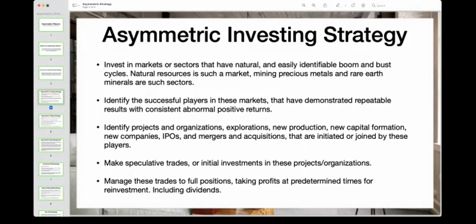We do it in sectors that have natural and easily identifiable boom and bust cycles. And that is really important. In other words, we want a huge range in the lows and the highs of this particular market. And they should go through cycles that are regular, so that we can very easily tell, hey, are we in a bust cycle or are we in a boom cycle?